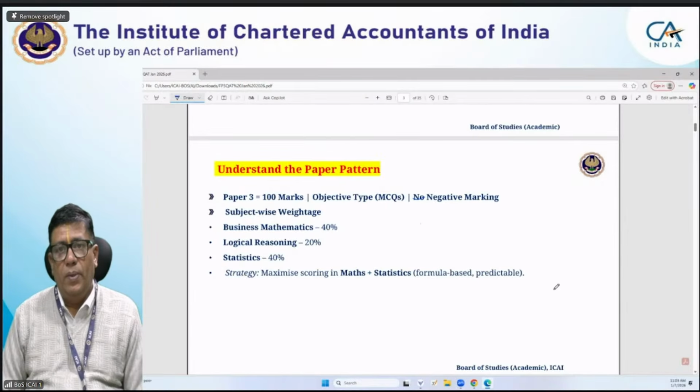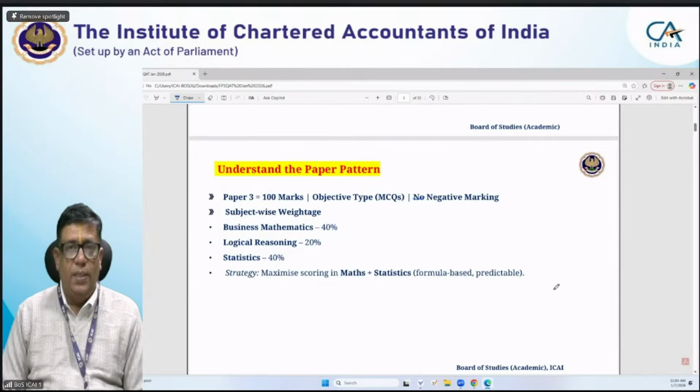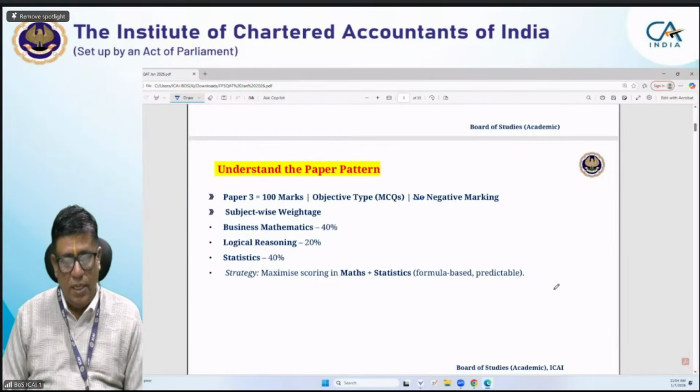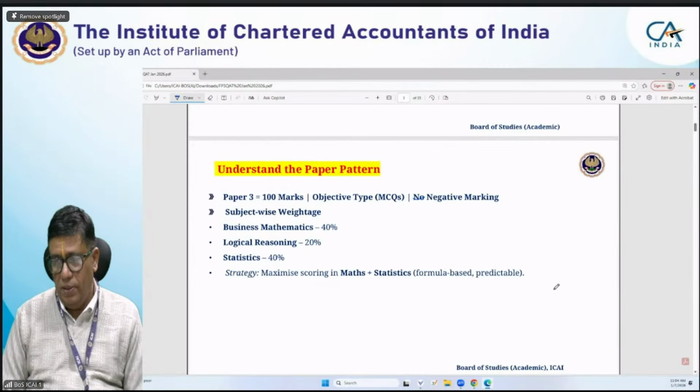To get more scores, focus on mathematics and statistics. The business mathematics and statistics part is totally formula based and predictable, in that you know what formulas you have to apply for a particular question. Once you are thorough with the formulas, you will be able to attempt them and score good marks.